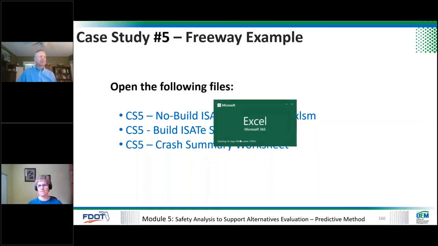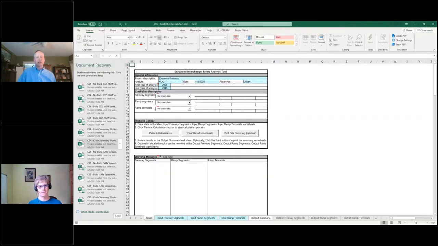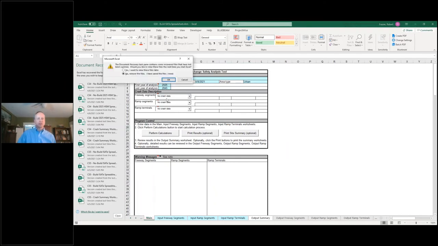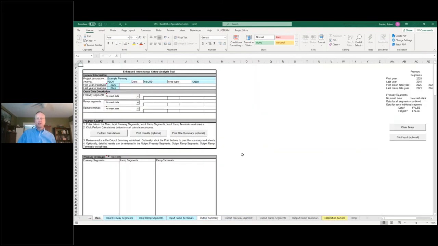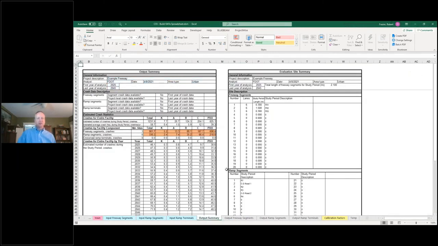The build has the ramps. Yeah, let's close that. And apologize. All right, so it should look like this.